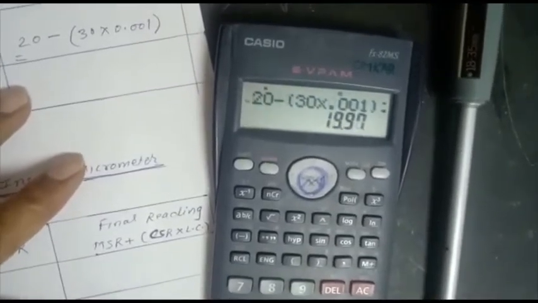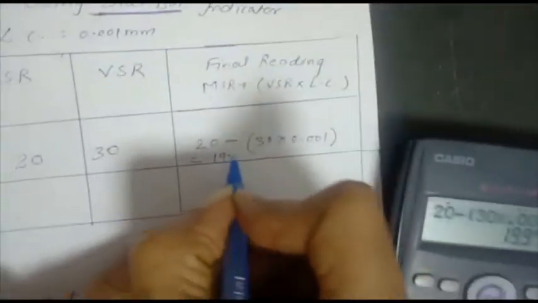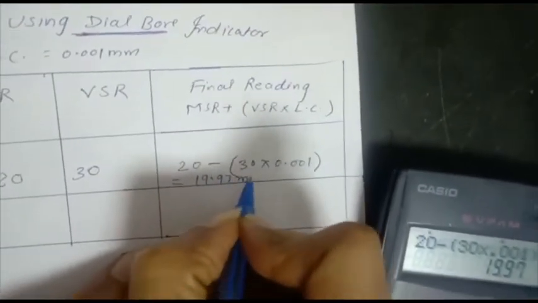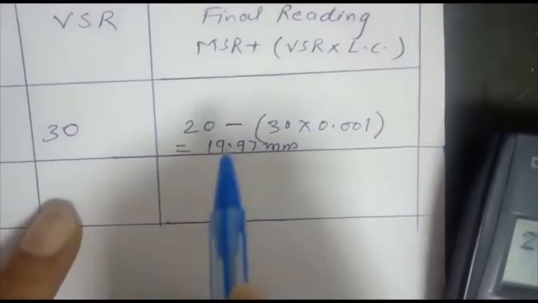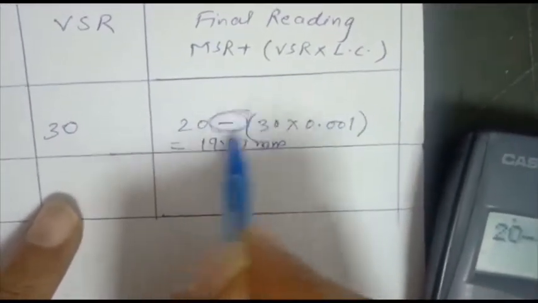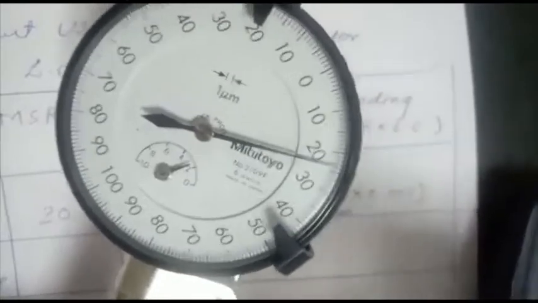My final value is 19.97 mm. This is the actual size of the component. So students, why am I going for the minus? Take care of that. When the dial gauge moves towards the positive direction in the bore dial gauge, you have to subtract it. That is very important.